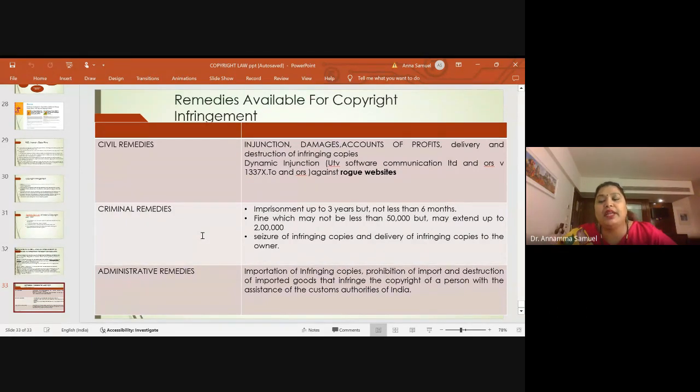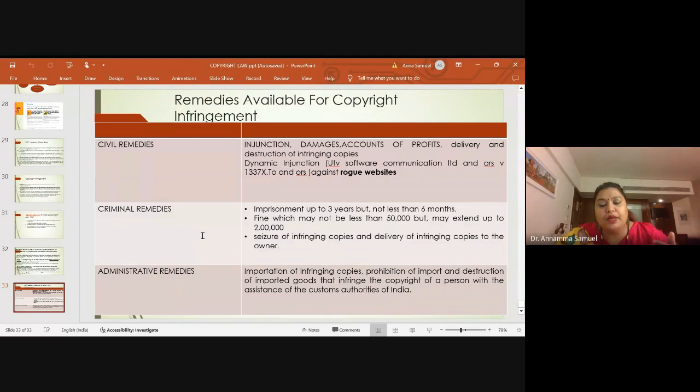They will come up with another website, another web page. So the dynamic injunction is granted against all the rogue websites, the mirror websites which keep on coming. Criminal remedies are also granted.